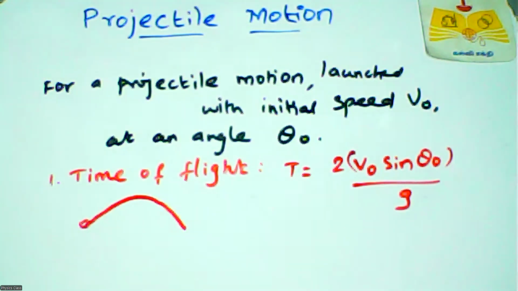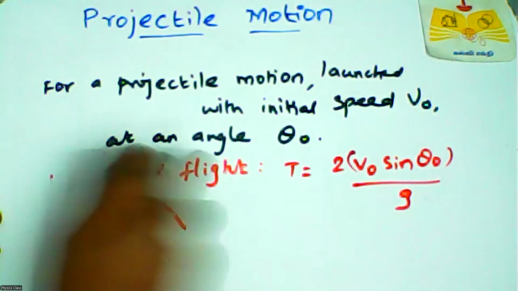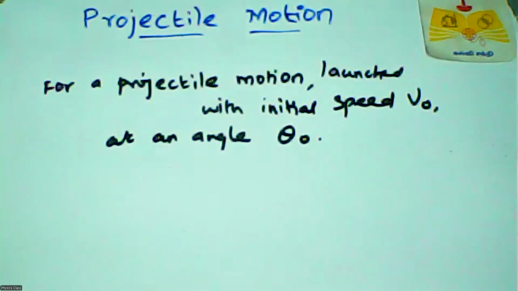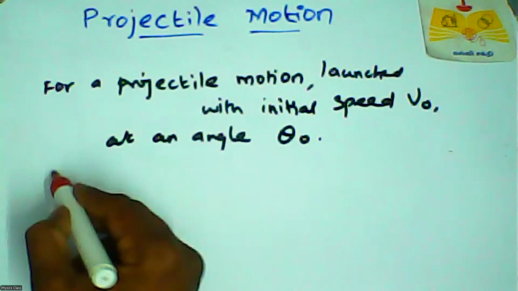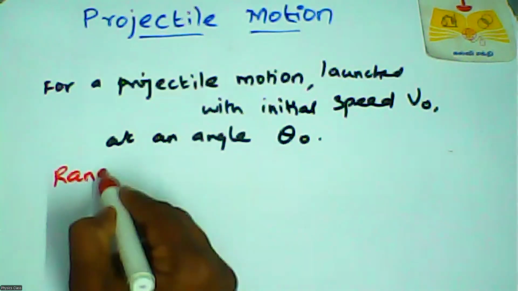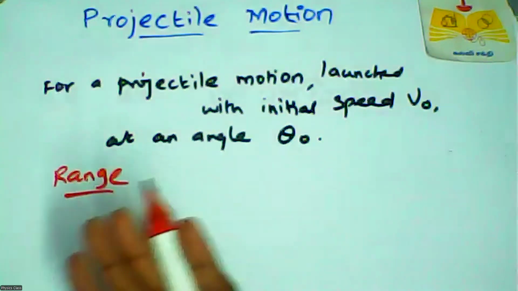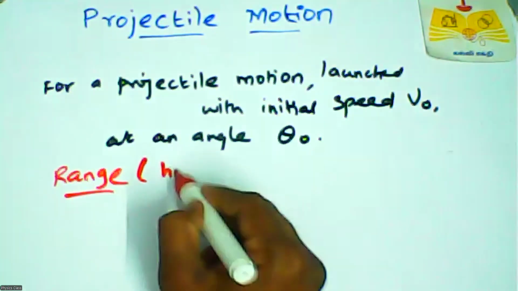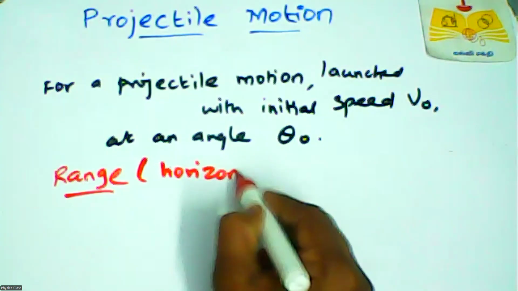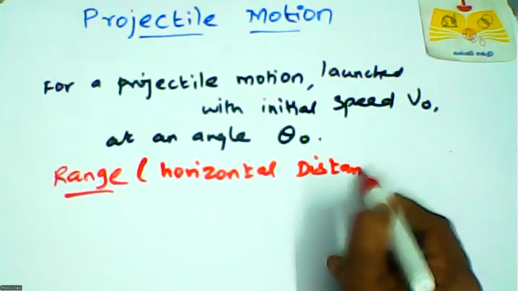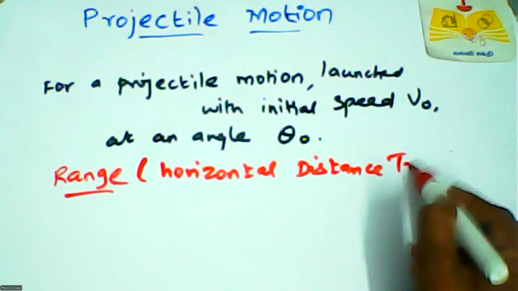Now we can write the equation for range. Range means the horizontal distance traveled or covered.